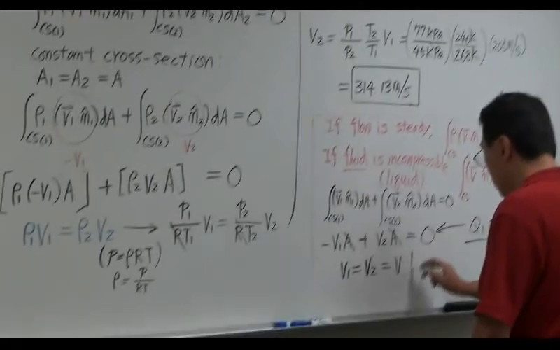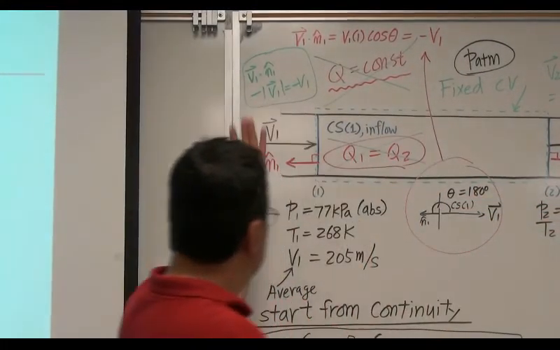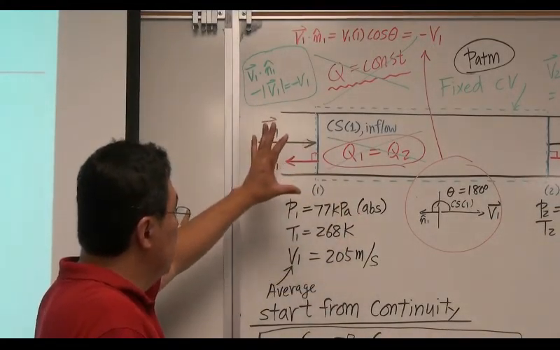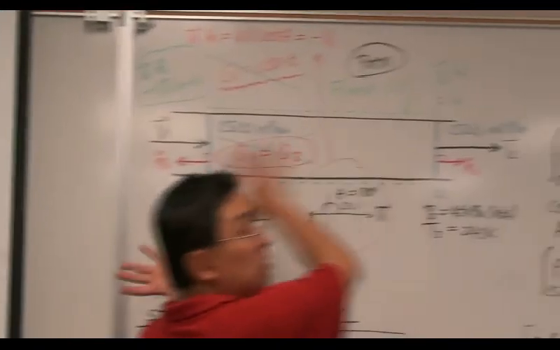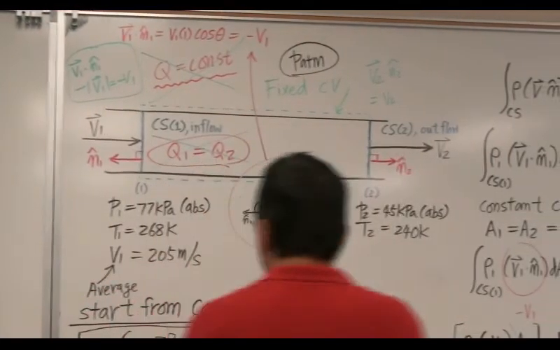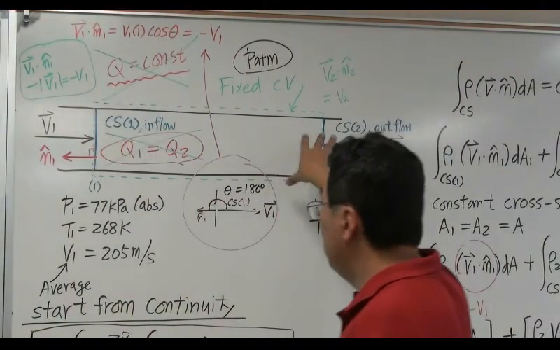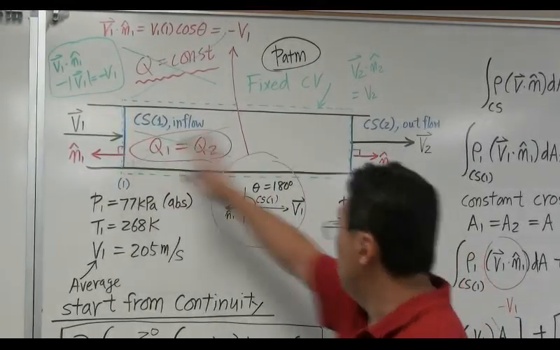So let's go back and take a look at it. If this is a liquid flow, water flowing from left to right, and velocity V1 is a certain meters per second, velocity V2 is exactly equal to that. If you have an incompressible fluid flowing in a horizontal pipe of constant cross-section, continuity basically says that the velocity is constant.